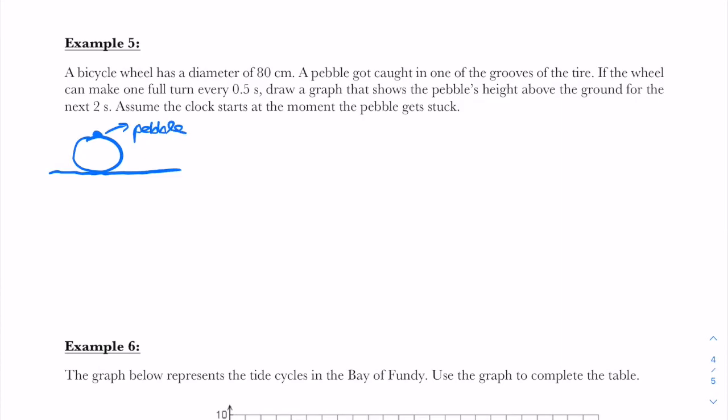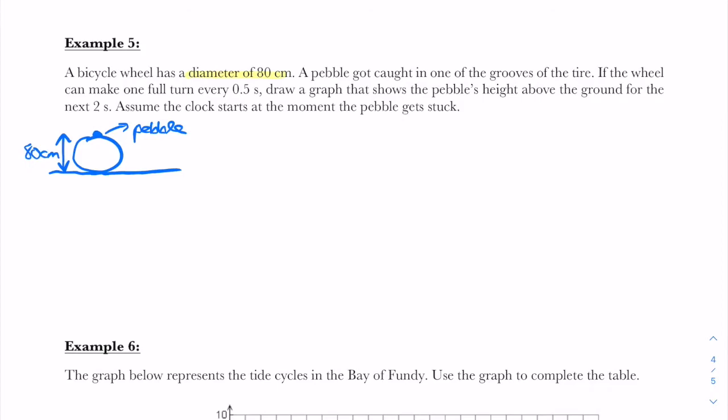At the top of the wheel, the pebble is a certain distance above the ground. And that distance happens to be the diameter of the wheel. And that was given to us. The bicycle wheel has a diameter of 80 centimeters. So at this location, the pebble is 80 centimeters above the ground.